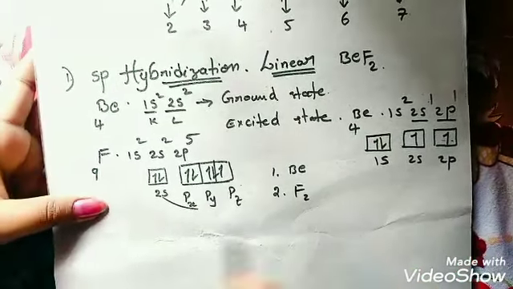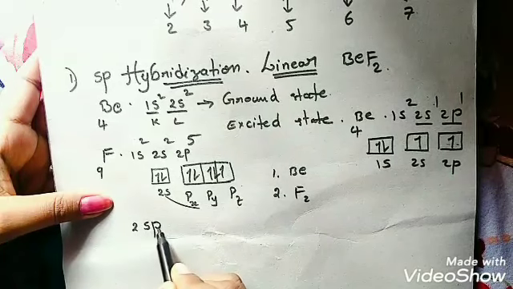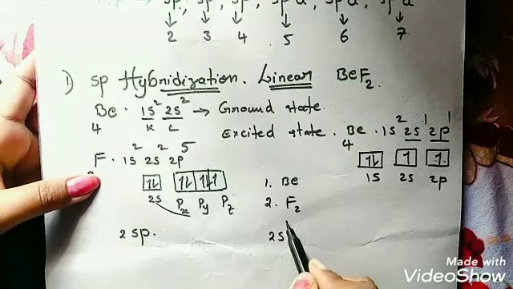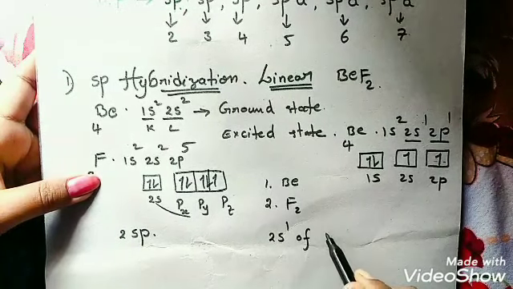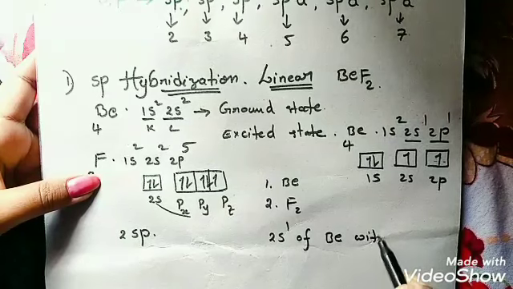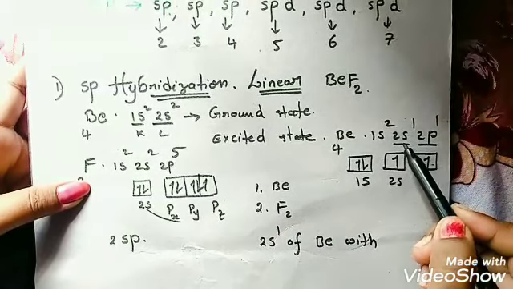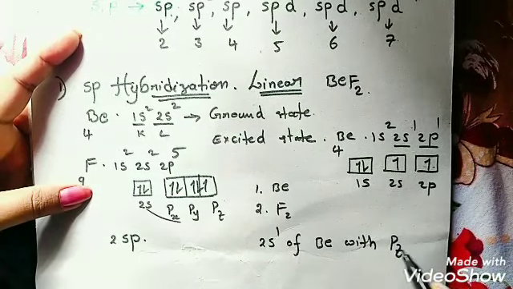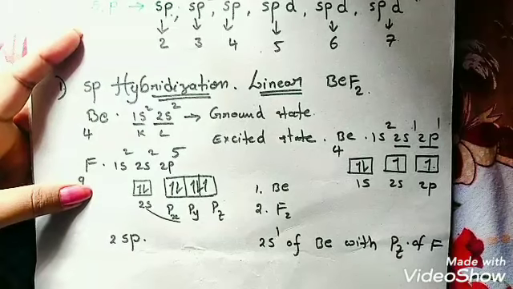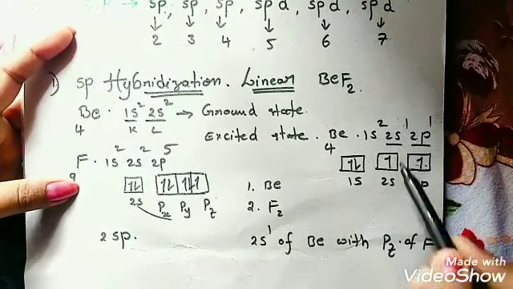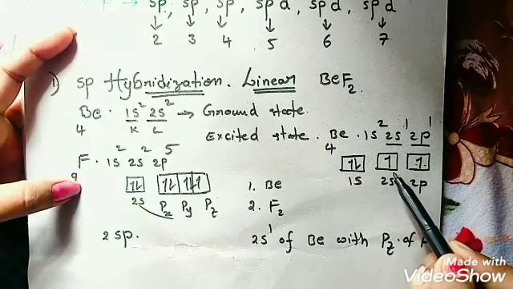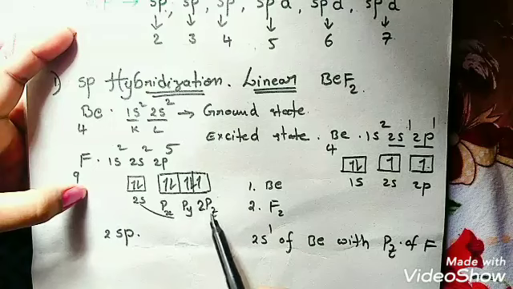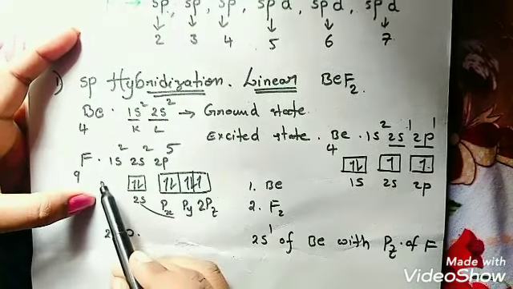So students, here 2 sp hybrid orbitals can be formed. The 2s1 orbital of beryllium with 1 pz orbital of fluorine. Clear students? 2s1 orbital of this beryllium is going to form bond with 2pz orbital of this fluorine.